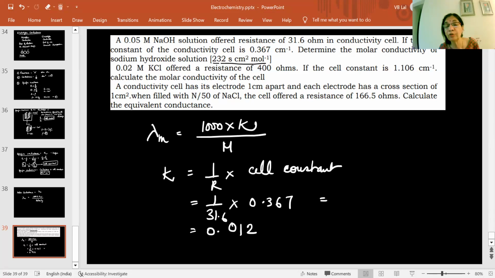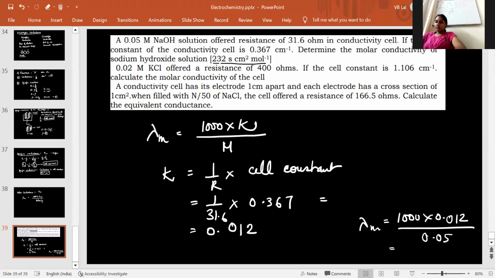Then you put this value there, lambda m is equal to 1000 into 0.012 divided by 0.05. So what will you get? You got it?